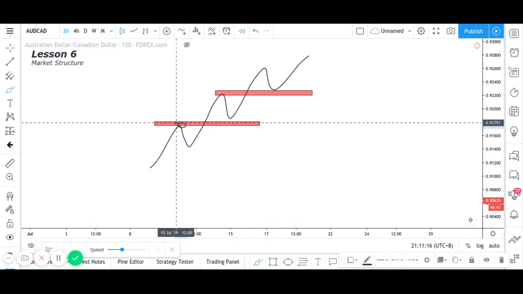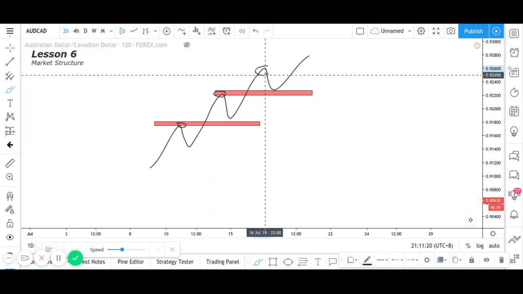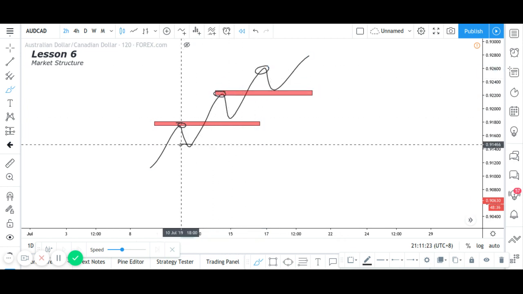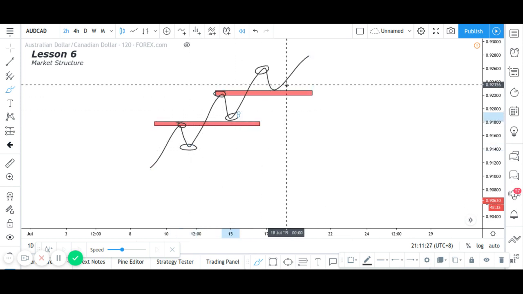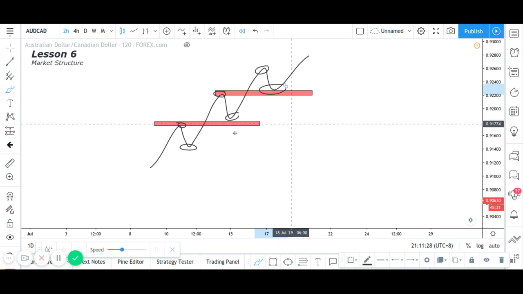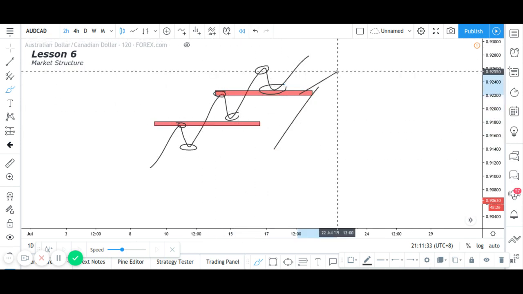So it's created a higher high here, another higher high, and another higher high. Over here it's created a higher low, over here another higher low, and over here another higher low. So this is exactly how we know that the market is in an uptrend.